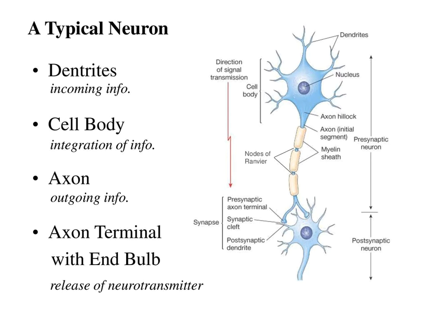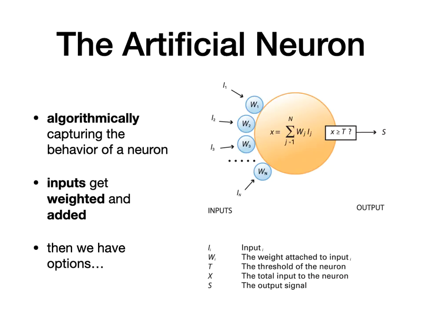We can simulate this. We can take a simplified version of this, as I just gave you, and model that with math. We can make an artificial neuron. Artificial neurons attempt to capture the general behavior of a neuron by saying, okay, there are other neurons connected up to this neuron.